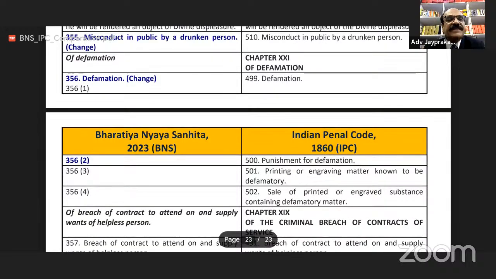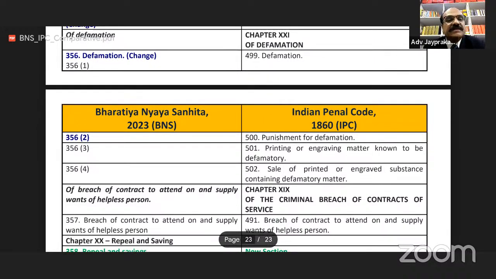Section 356, defamation. Defamation is to tell something false about somebody with the criminal intention to defame him, badnami karna kisi ki. BNS section 356(1), 356(2), punishment for defamation.